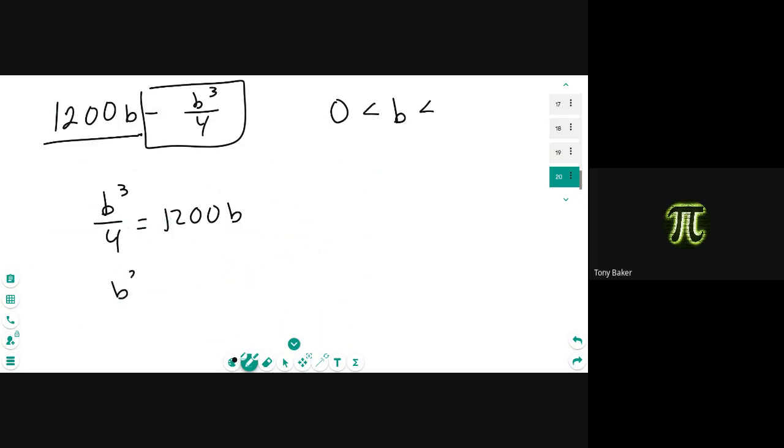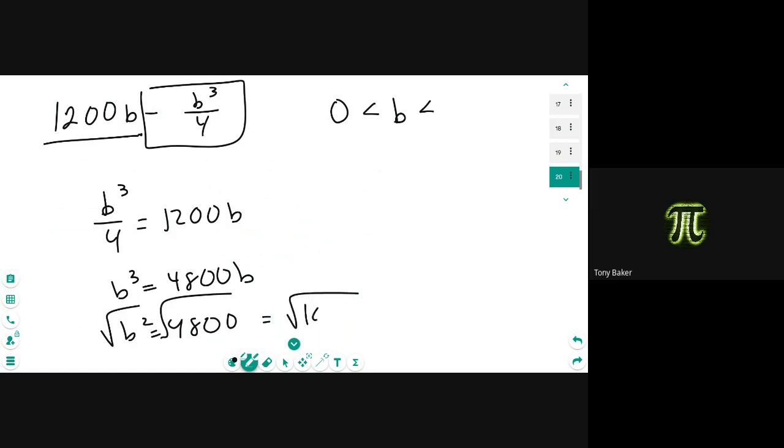So we get b to the third equals 4800 b. So b squared equals 4800. So it's the square root of 4800. Yeah, except there's a 3 in there because they gave you that part. So I think it's 1600. Oh, so it's square root of 1600 times 3, which should be 40 square root of 3.